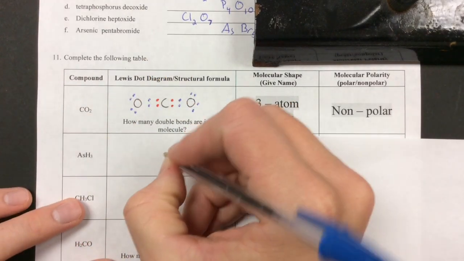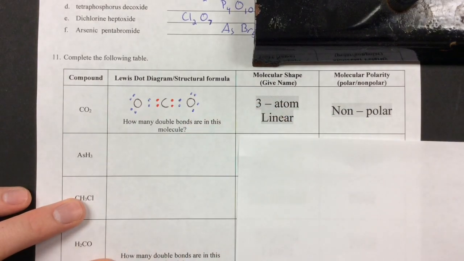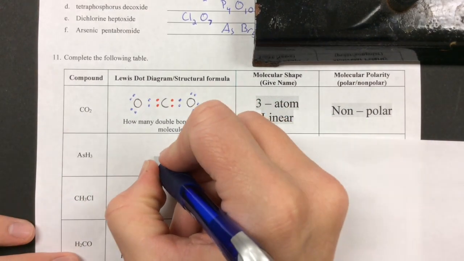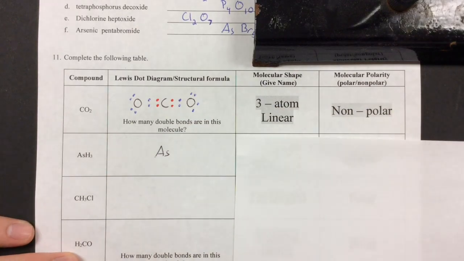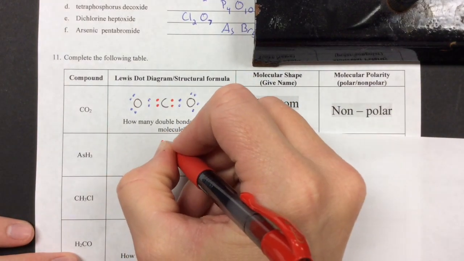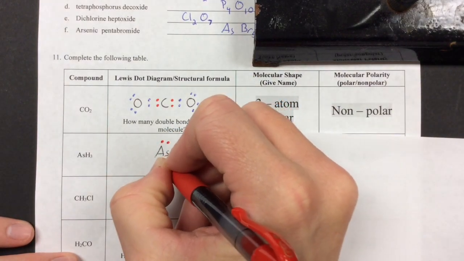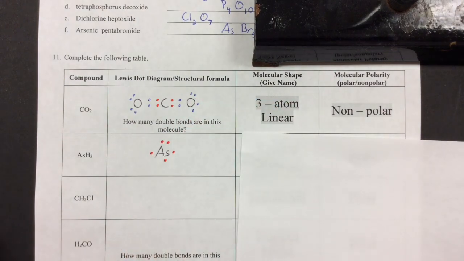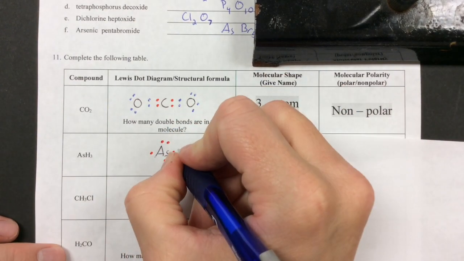Next one will be arsenic with 3 hydrogens attached to it. So arsenic has 5 valence electrons, and each hydrogen is going to have 1.